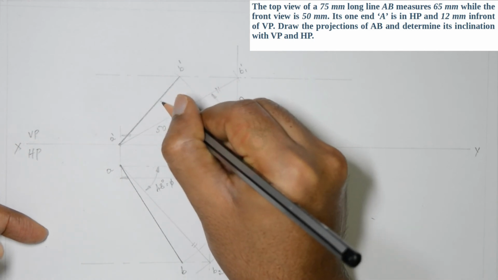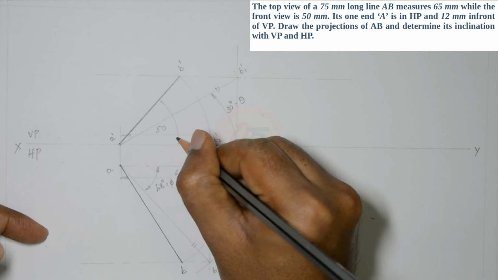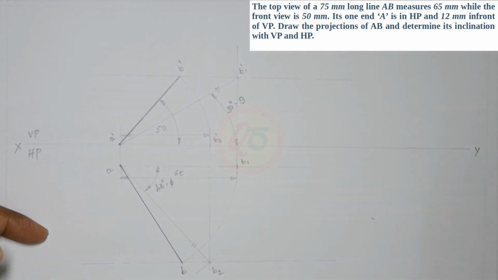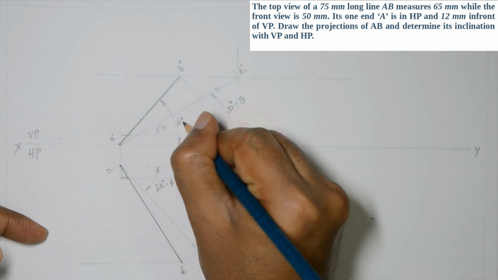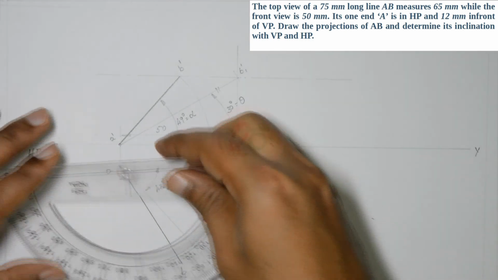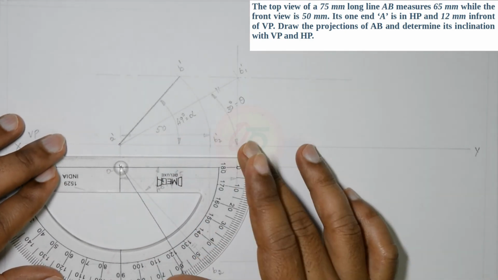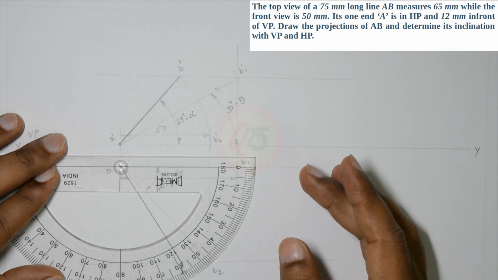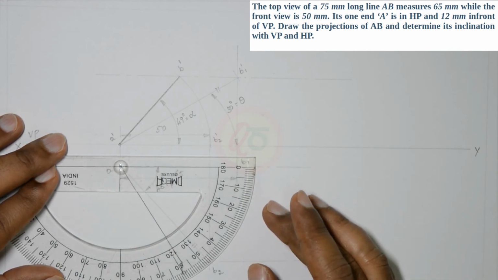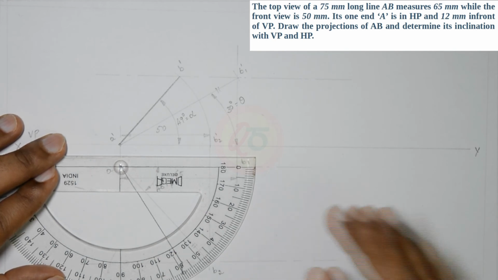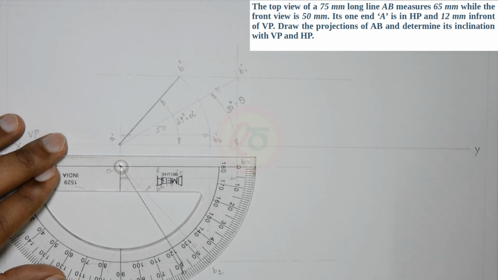This angle, which is alpha, is 49 degrees, and beta is 58 degrees. 59 degrees.